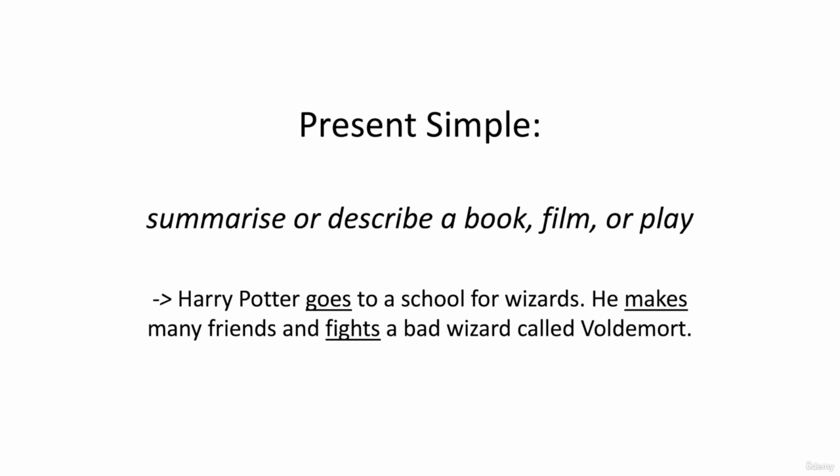For example, Harry Potter goes to a school for wizards. He makes many friends and fights a bad wizard called Voldemort. In this sentence, we have 3 action verbs in the present tense: goes, makes, and fights.